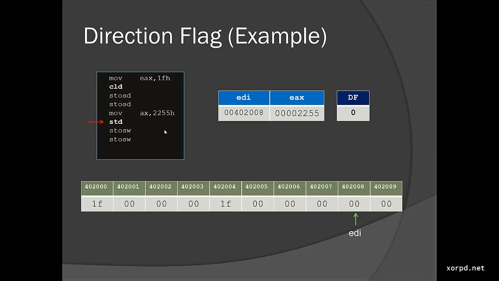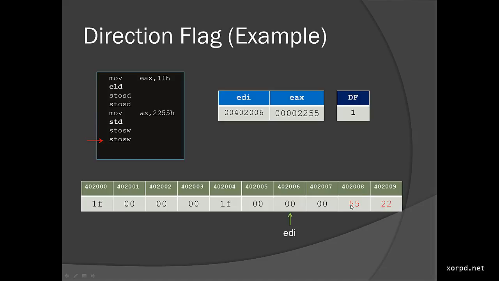Next, we change the direction by using the set direction instruction, which means that now the direction flag is of value 1. It also means that now the direction is to the left and not to the right. Next, we invoke the STOSW instruction. This instruction is supposed to store AX, which is this value, into those 2 bytes, which are pointed by EDI.